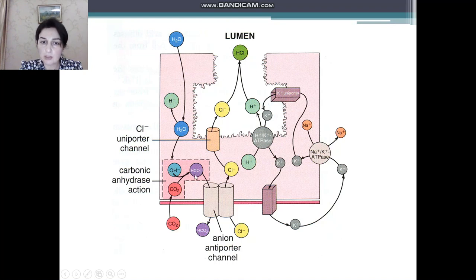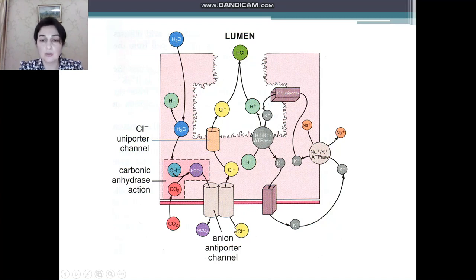Then the bicarbonate anion will be exchanged in the basal cell membrane, that is, the basal part of the cell. In the basal cell membrane, we have an anion antiporter, an anion antiport carrier protein actually. It will carry bicarbonate anions outside of the cell in exchange for chloride ions.